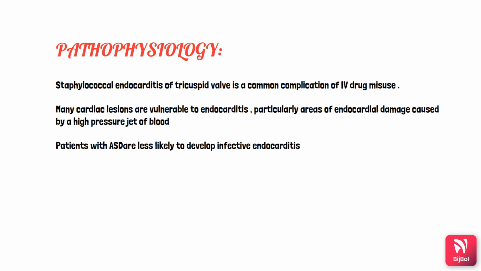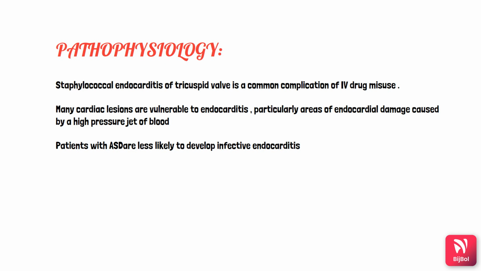Many cardiac lesions are vulnerable to endocarditis, particularly areas of endocardial damage caused by a high pressure jet of blood, such as the left side of the heart as in VSD, valvular incompetence such as mitral regurgitation and aortic regurgitation, and distal to constriction in coarctation of aorta. What it means is, whenever there is a VSD, the blood flows from the left side of the heart to the right side with a force.